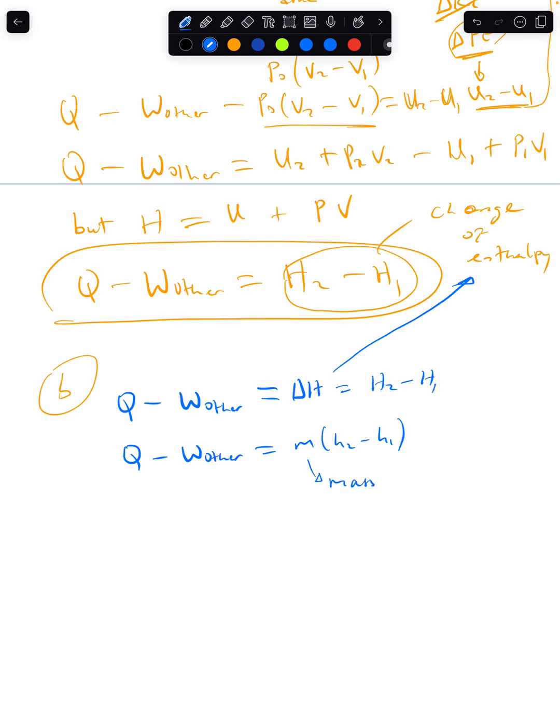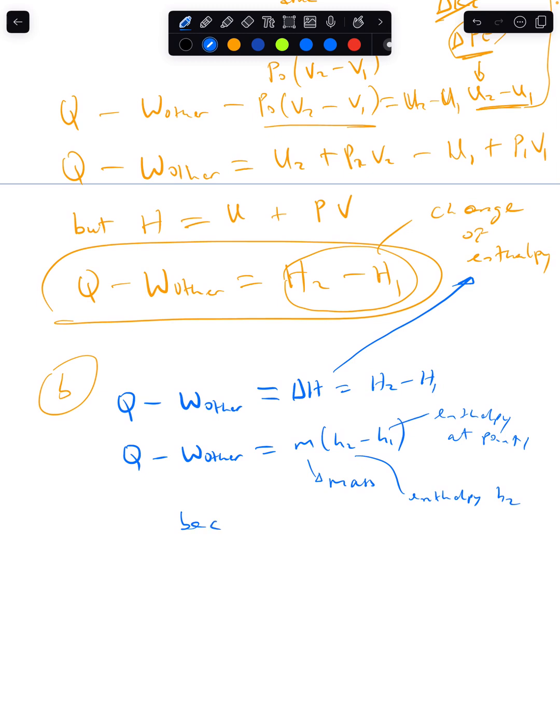So this is mass. This is what? Enthalpy at point 2, and this is what? Enthalpy at point 1. But why am I thinking about enthalpy at point 2 and enthalpy at point 1?